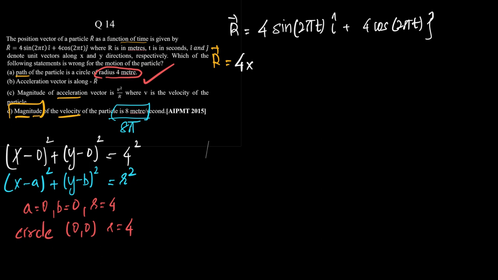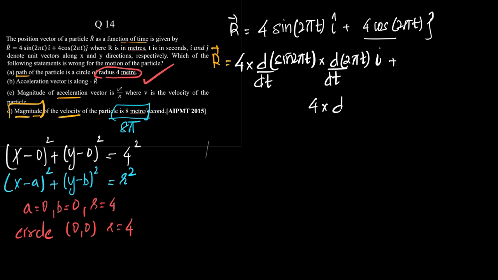So if we differentiate this, what we get is 4 into d by dt of sine 2 pi t, and always understand, when you differentiate, you need to differentiate the angle also, so into d by dt of 2 pi t i cap, right, plus the same story for the second term also, 4 into d by dt of cos 2 pi t into d by dt of 2 pi t, right?